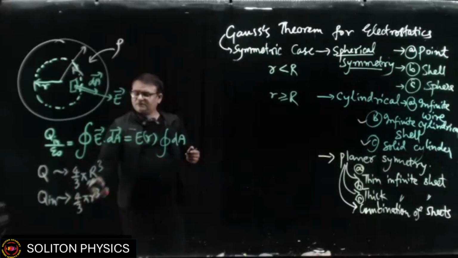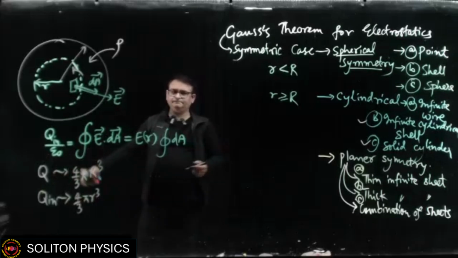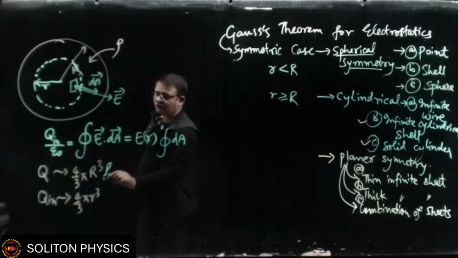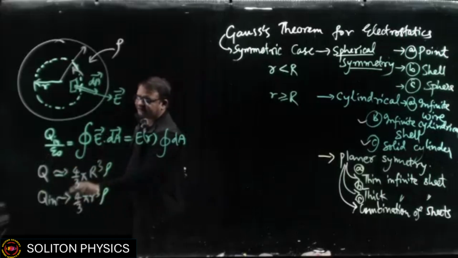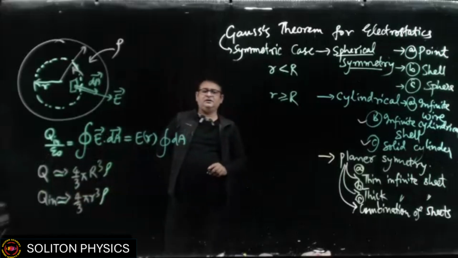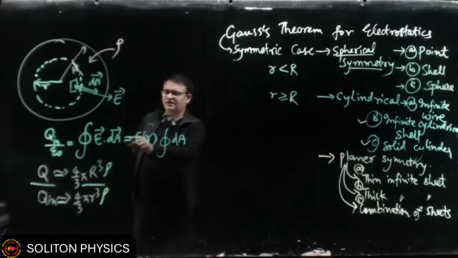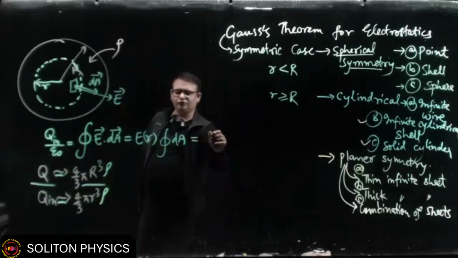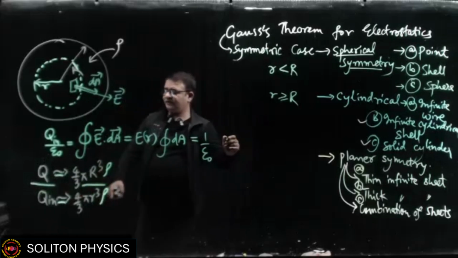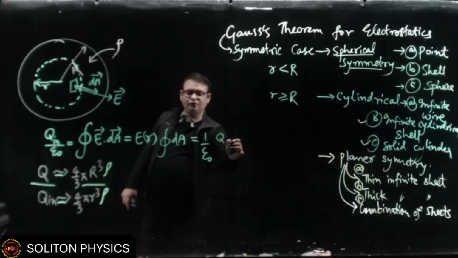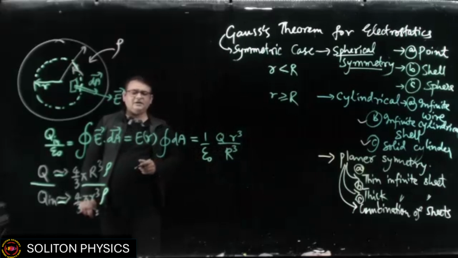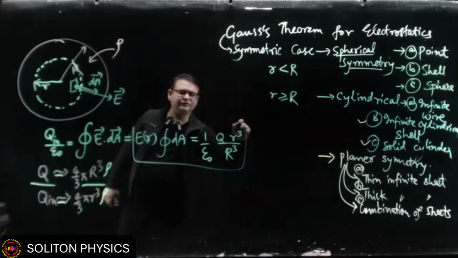So then I take ratio of them. I have to multiply with rho and rho. Then these will become equal, right? And I take ratios of them. So I can write this is equal to Q in. I have to find Q in, which will be Q total r cube by R cube, right?